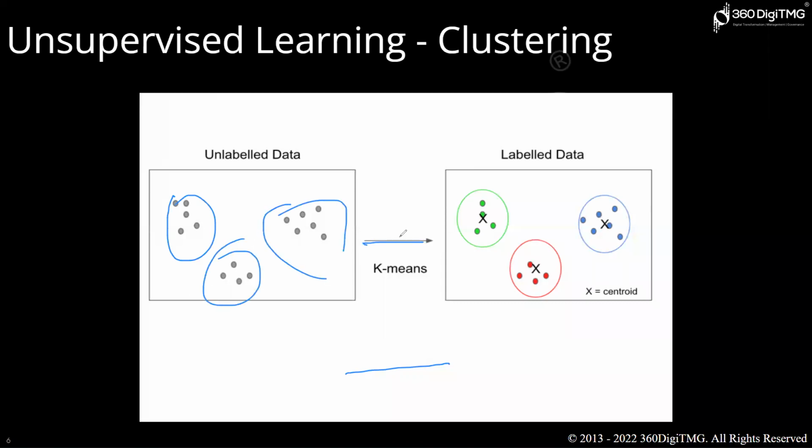After applying k-means, it has been segregated into green, red, and blue, with X as the centroid. This is k-means clustering, guys. It takes the data points and gives some new labeled data. After that, it goes to the average, and that average point is the new data. So this is about unsupervised learning.